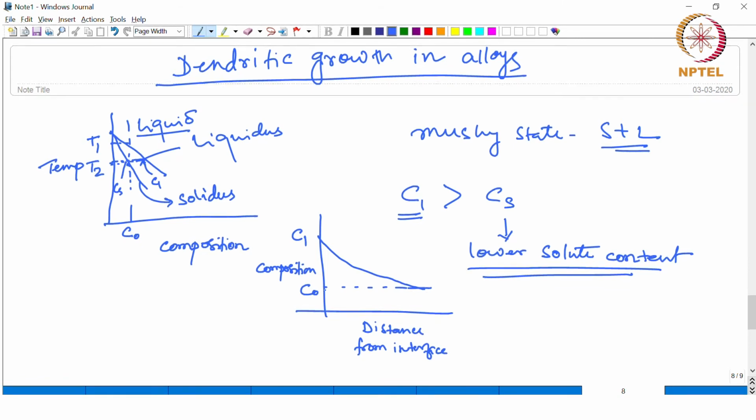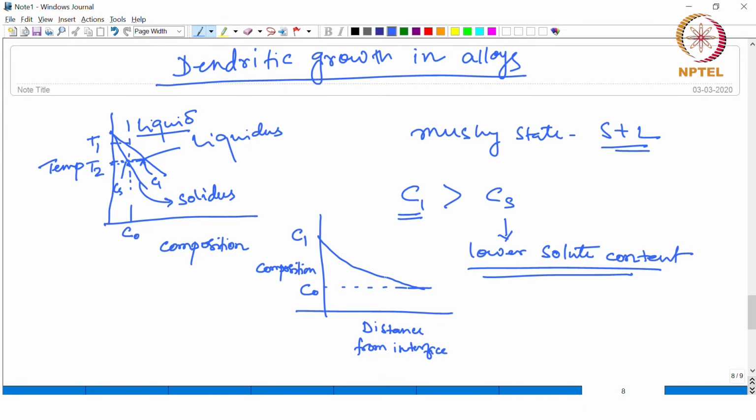And as a result of this composition variation from the interface, the liquidus temperature would also vary, because that also is a function of the composition.